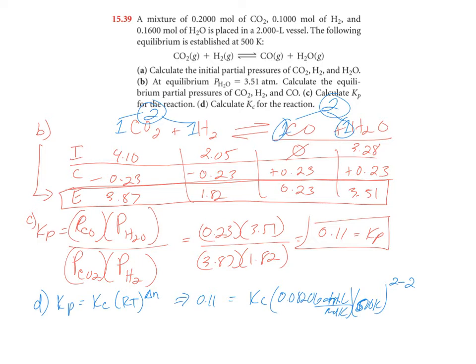And 2 minus 2 is 0. Anything raised to a 0 power is going to be 1. So this all reduces to 1. So you have 1 times your K sub C, which is just K sub C. K sub C equals 0.11.